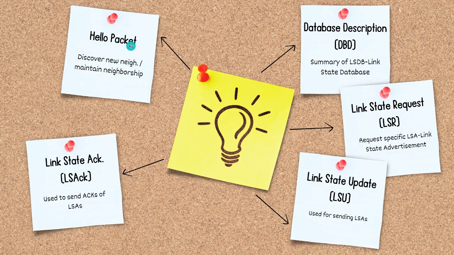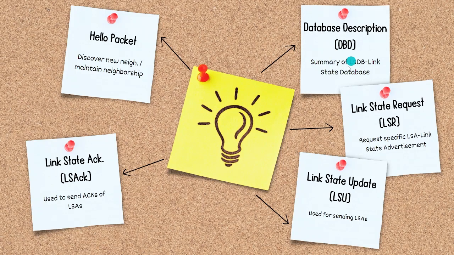The first is the Hello packet, which is used to discover new neighbors, maintain neighborships and so on. Then we have the database description, which is used to provide a summary of the LSDB, the link state database. This is nothing but the database which OSPF stores and maintains to have next hop information and calculate the best path.